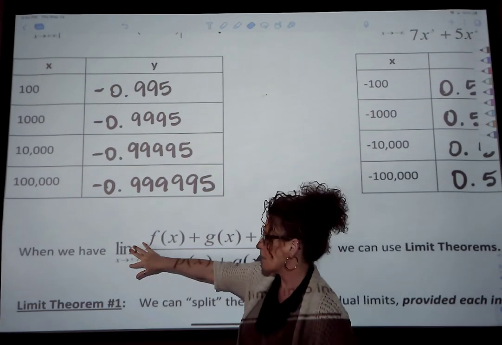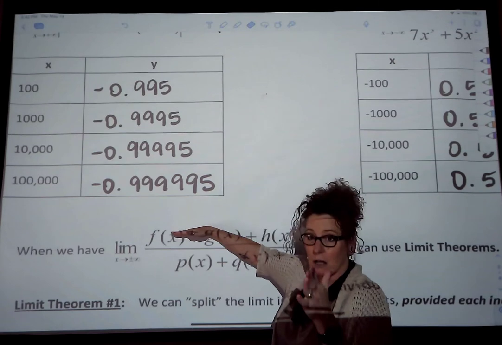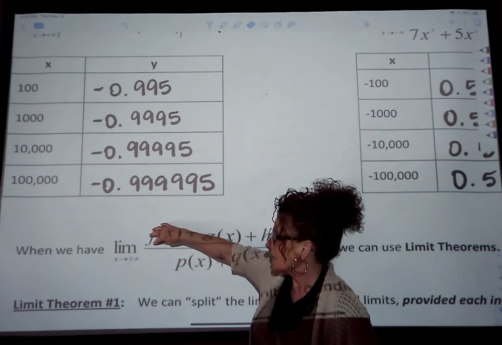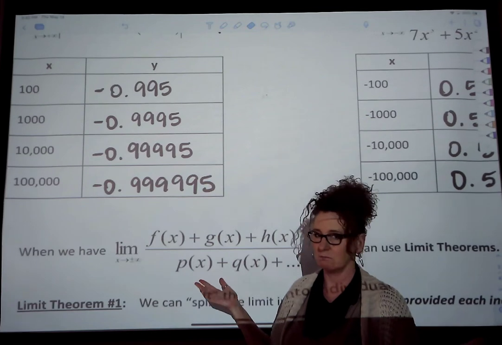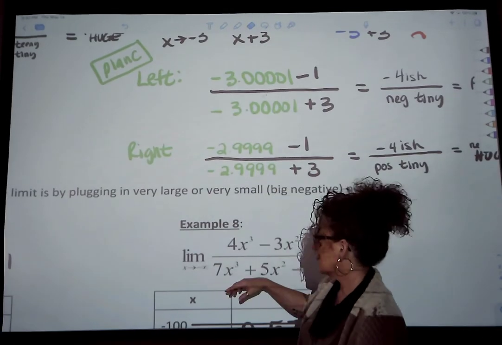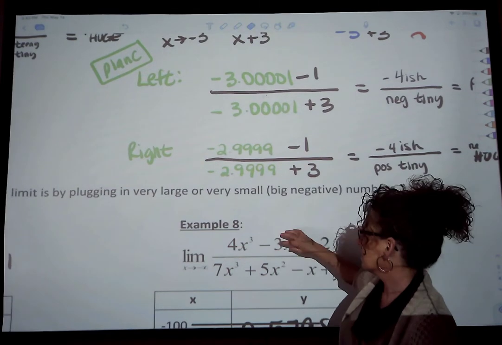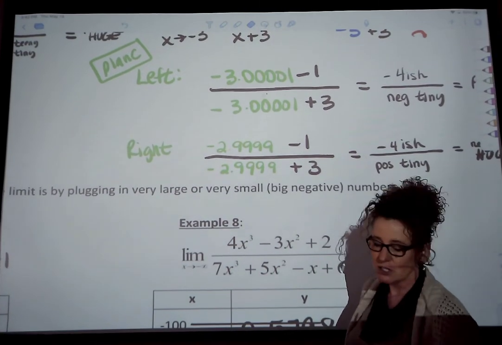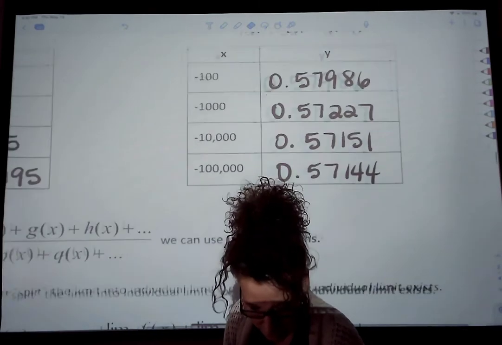Suppose you're doing a limit of a polynomial over a polynomial. Here's what I want you to do. Think of each term as its own little function. No big deal. So, it's the limit of, think of this by itself, minus this by itself, plus this by itself. Just think of it in pieces, okay?